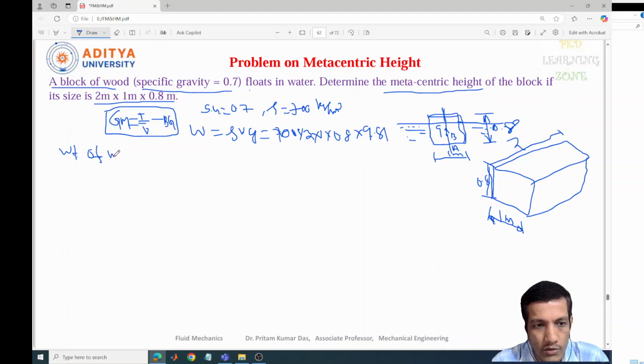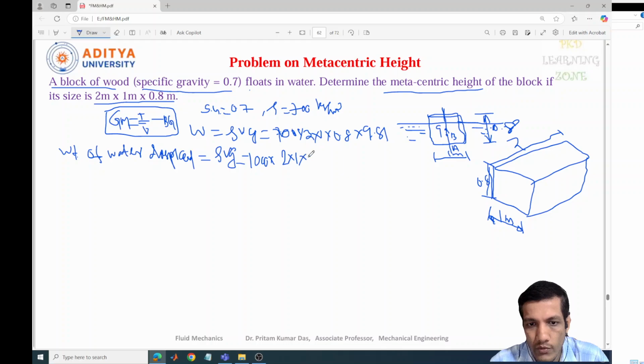Weight of water displaced is again rho V g, where the density of water is 1000, and the volume is how much water was displaced by the wooden block: 2 into 1 into this height H, up to which it is inserted in the water.